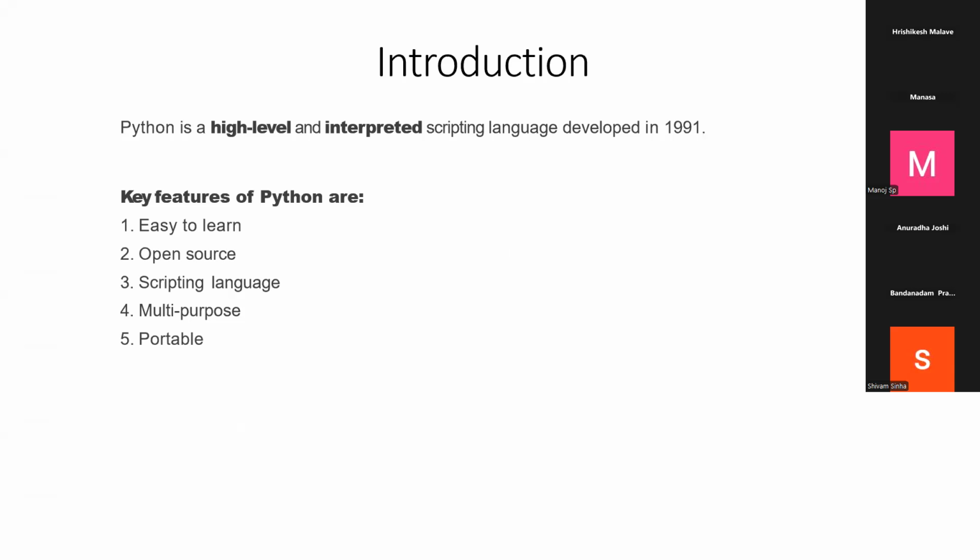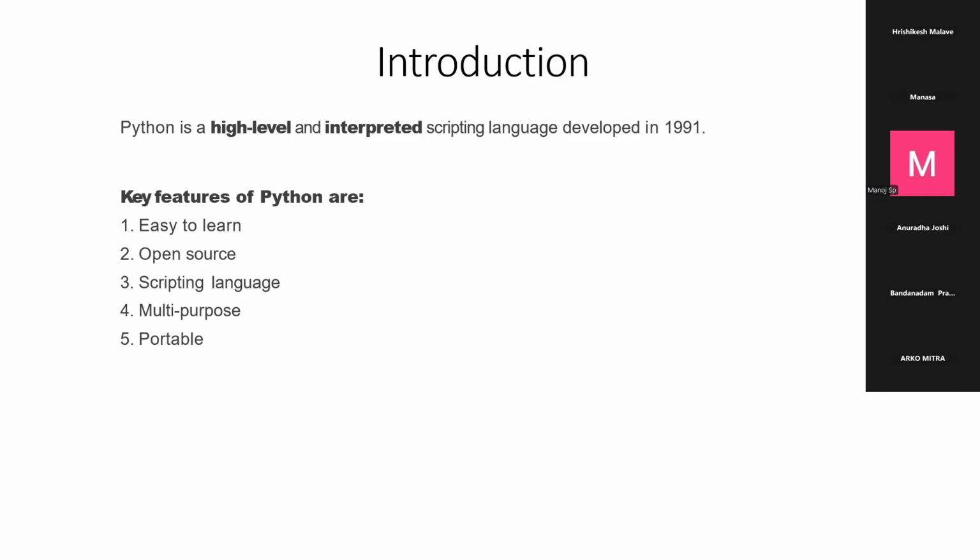As I told you, it's a high-level interpreted or scripted language. It's easy to learn. It's open source. It's a scripting language. It's multi-purpose. Multi-purpose means you can create any kind of software, be it a web-based application or a data analytics-based application.